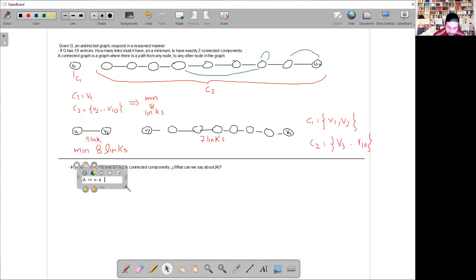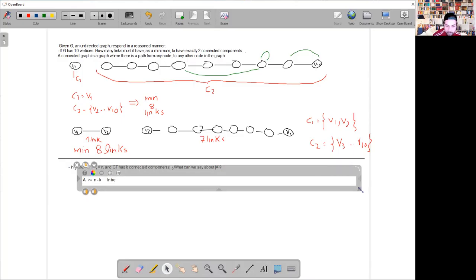So in the previous example, the number of links should be greater or equal than the number of nodes, which is 10, minus the number of connected components, which is 2. Right?